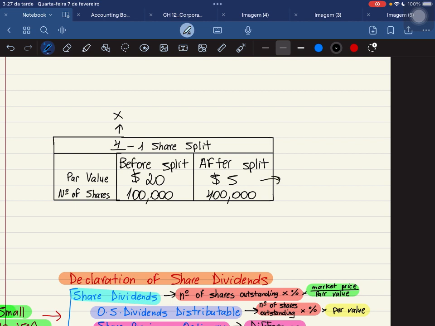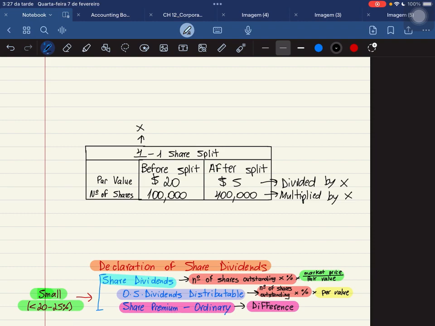This number, you're just going to divide the previous number by x. So 20 divided by 4, that's 5. And this one, you would multiply it by x. 100,000 times 4, that's also 400,000.